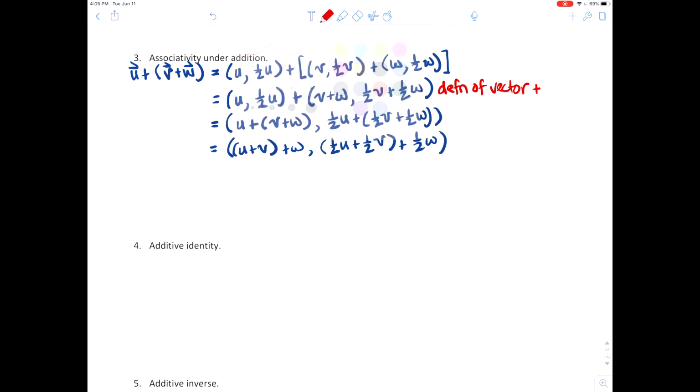And the reasoning for these last two, so this would have been, again, definition of vector addition. This here is because the set of real numbers is associative under addition.